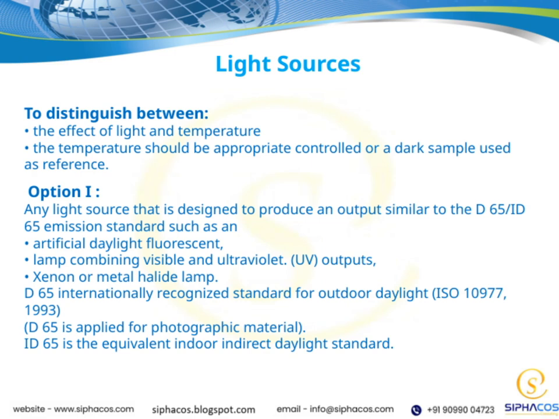It's mainly applied for photographic materials, ensuring consistent and reliable light conditions. ID65, on the other hand, is the indoor equivalent of this standard, providing a comparable light environment for controlled indoor testing. Understanding and using these standardized light sources helps us ensure our results are accurate and reproducible across different settings.